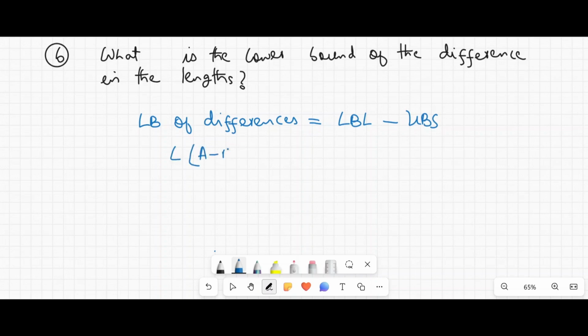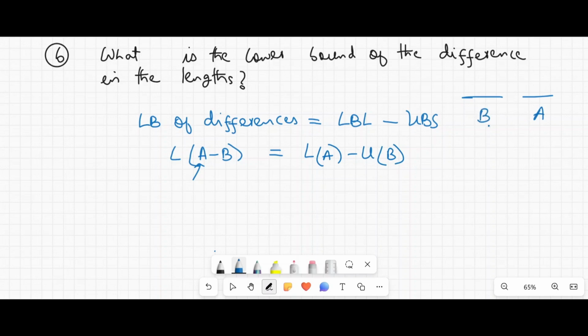So here is the difference. Lower bound of the larger, this A is the larger, and the upper bound of B, which is the smaller. So here are the two strings, A is the larger string and this is the small one.